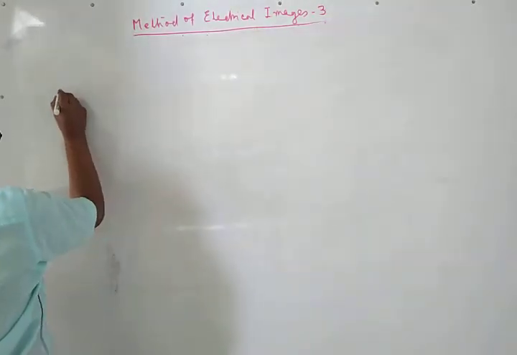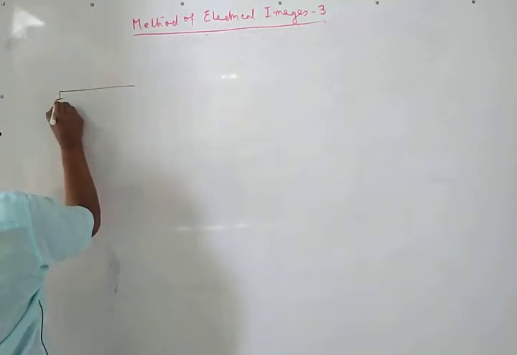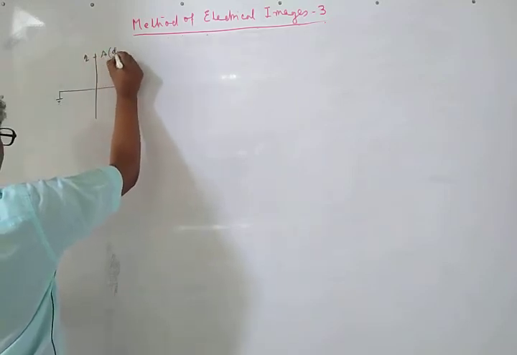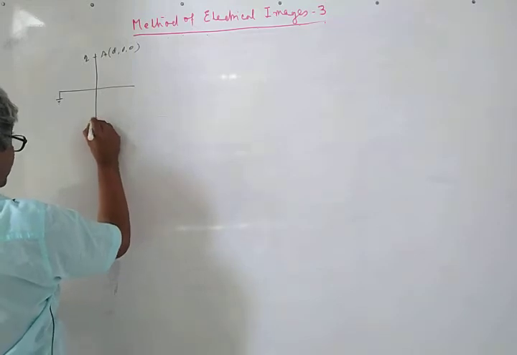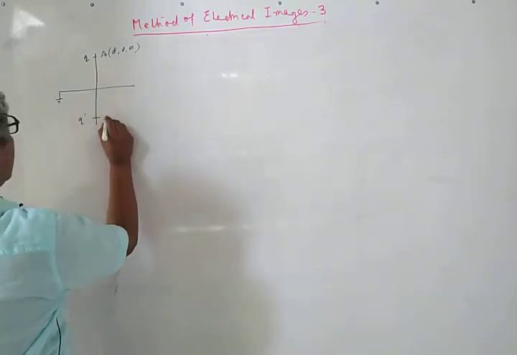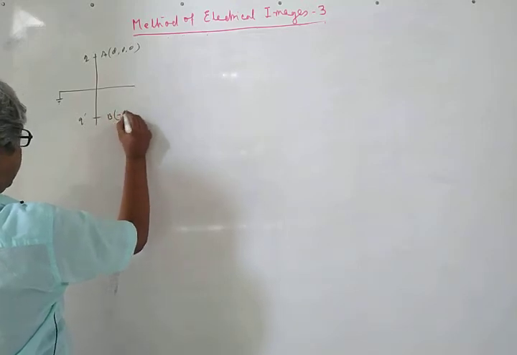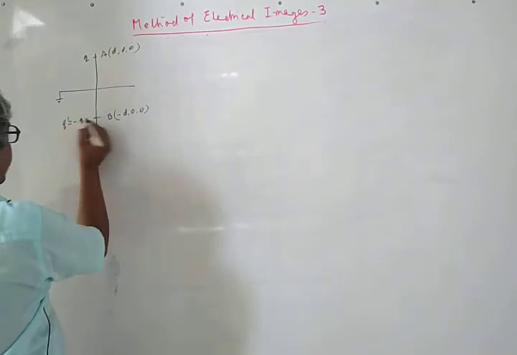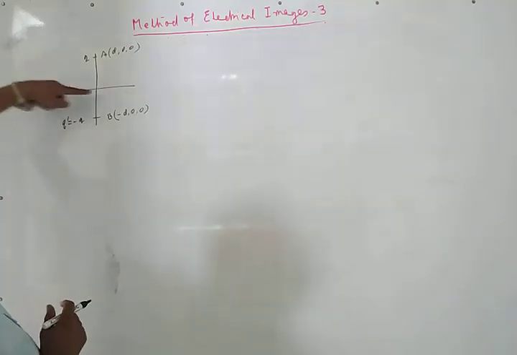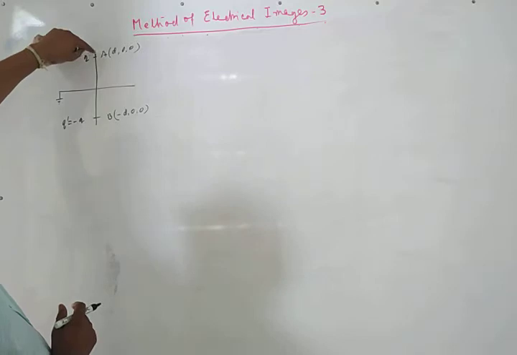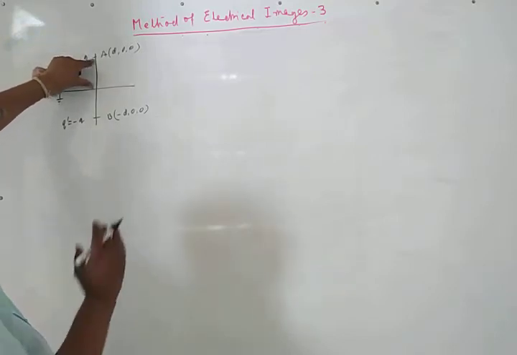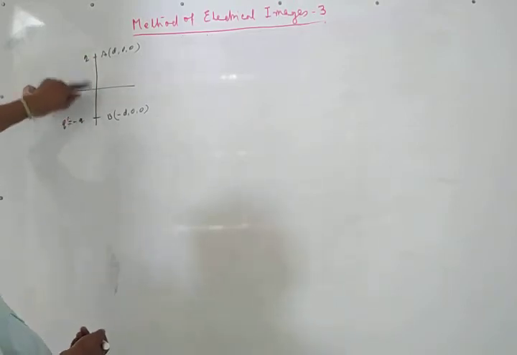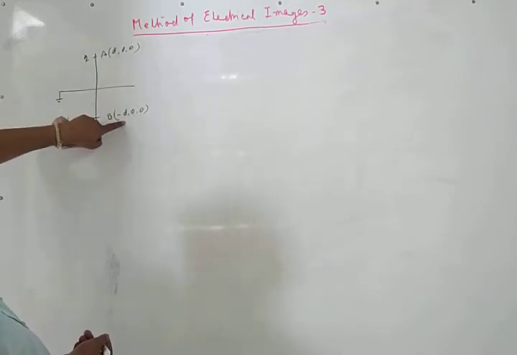If we have a conducting plate and a point charge Q placed at A, which is at a distance d, 0, 0 on the z-axis, the image charge we obtained is Q prime at B, minus d, 0, 0, and Q prime was equal to minus Q. If we consider it to be a plane mirror, then if we have an object at a distance d on one side of the mirror, the image will be formed at equal distance on the other side of the mirror. So this connects that d and d prime are equal.